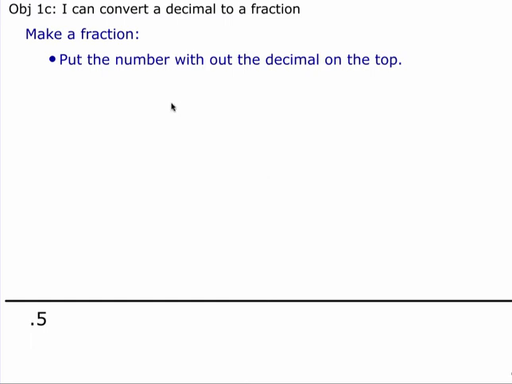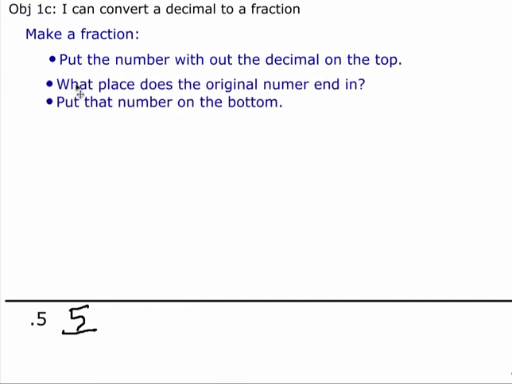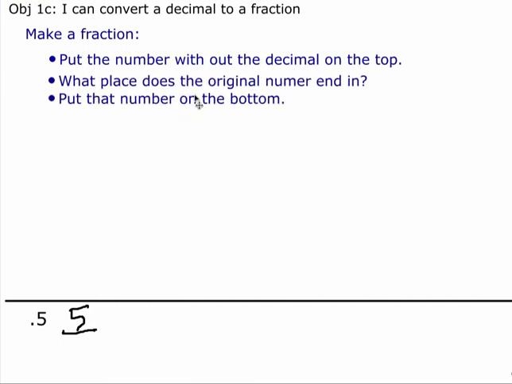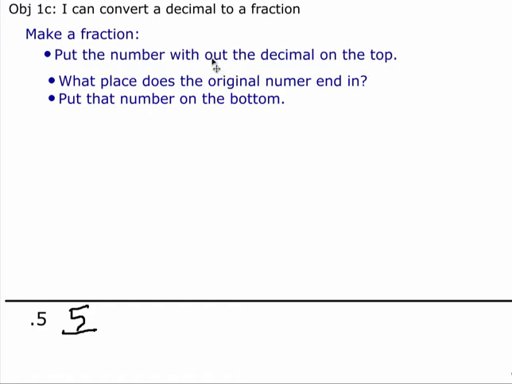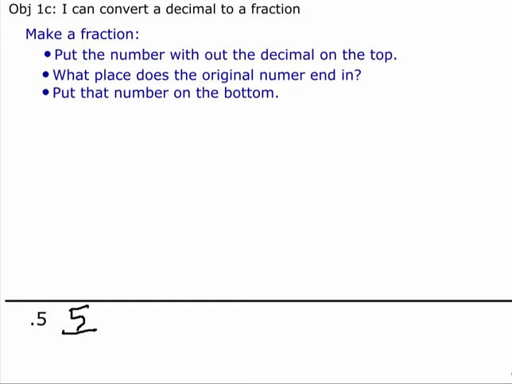So let's go ahead down here and make a little bar. Put the number without the decimal on top, so we're going to put our 5 on top. And then I'm asking you to decide what place the original number ends in, and then put that number on the bottom.